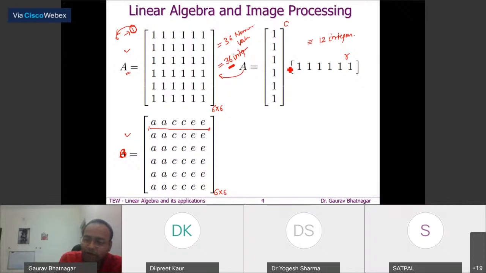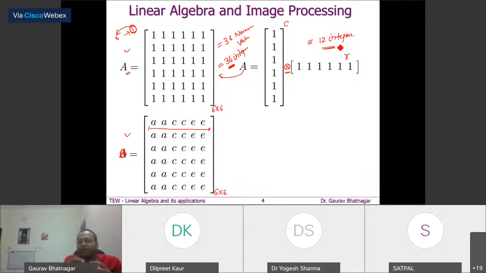And then some space for storing the operation, which is going to be the multiplication of these two matrices. If you follow a uniform policy that all the factorization is going to be multiplication, this information is again going to be redundant in nature, and essentially you are going to have a 12 integer storage capacity requirement to store this particular matrix A. So I'm going to store C and R, and whenever I want to retrieve my matrix A, I just multiply C with R, and I'm done.